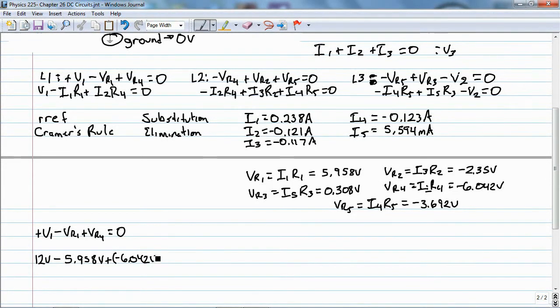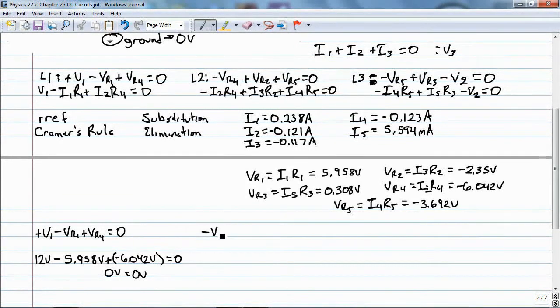Does that equal 0? Well, yes, these two are going to add up to minus 12, and we have plus 12, so 0 volts is equal to 0 volts. So that's correct. Look at the next one.